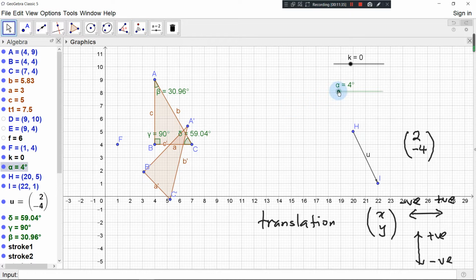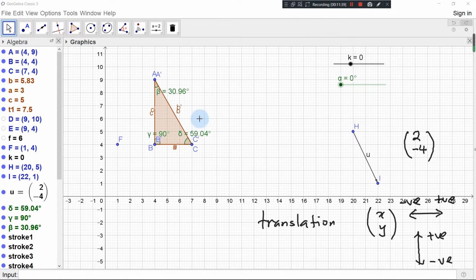Oh, okay, I think I need to rotate again. Okay, so now I'm going to rotate this triangle A, B, C with the point F as the center. So now rotate.